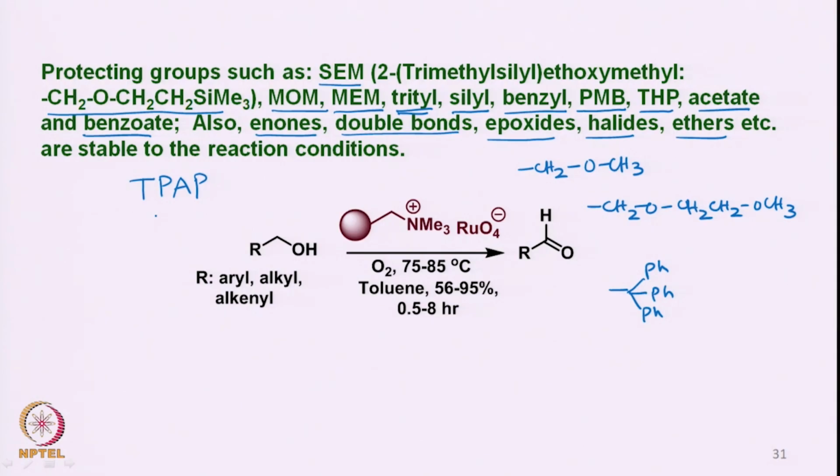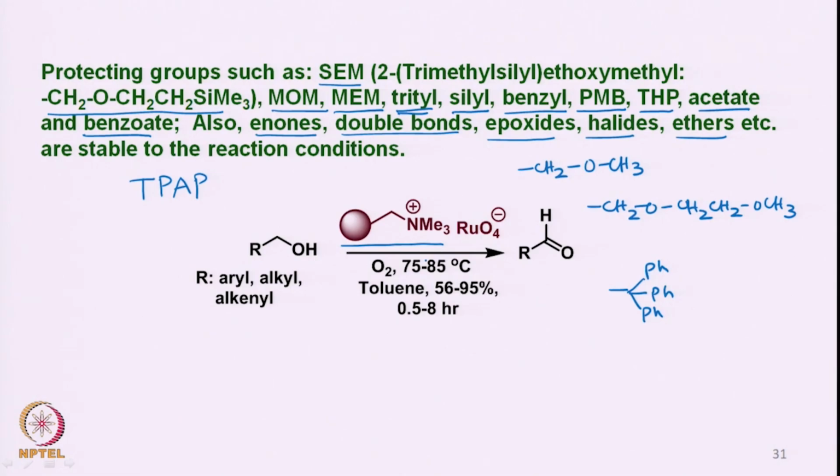It is also found that one can introduce this type of solid phase catalyst, where the nitrogen is attached to, say, a polystyrene based group, and such an oxidizing agent is also useful because you can recover and reuse it.